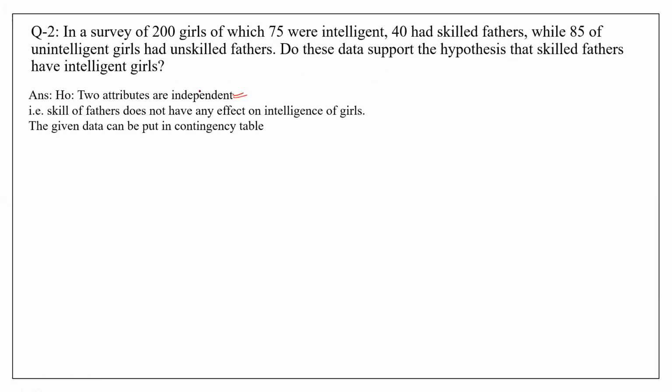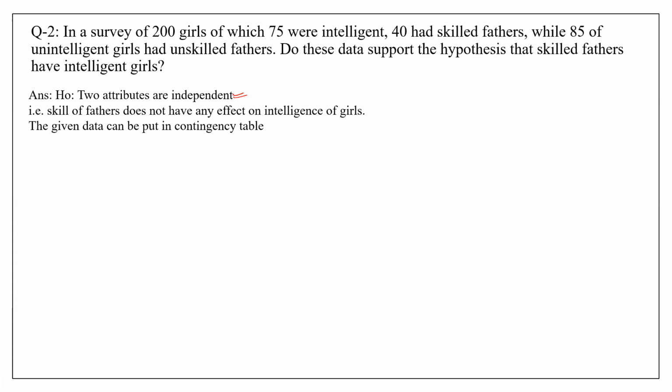If you say two attributes are independent, I am assuming that the skill of the father does not have any effect on intelligence of girls. If you have a skilled father, it does not mean that the girl will be intelligent. This is my initial assumption. And H1 will be its reverse, that two attributes are dependent.